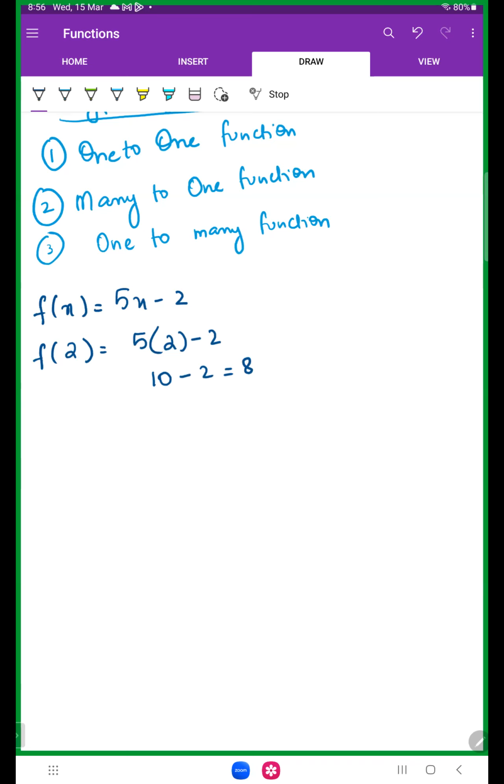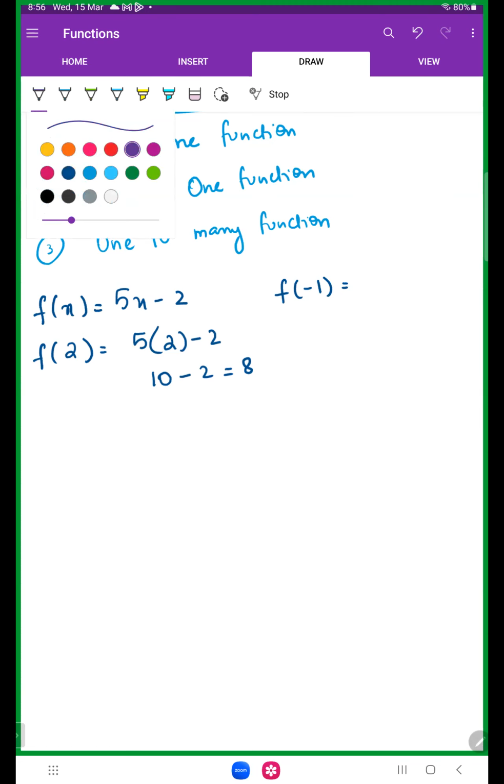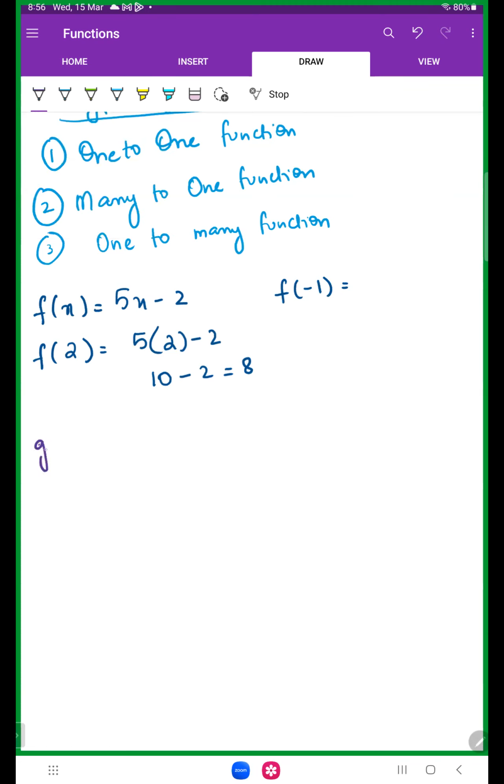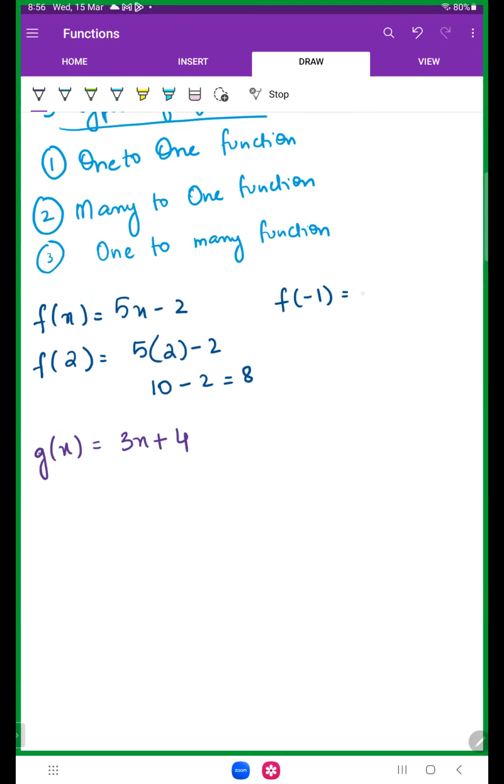Yeah. Find f(-1). What's the answer? f(-1). What's the solution? We will make 5 into minus 1 into minus 2. Minus 5 minus 2 makes minus 7.